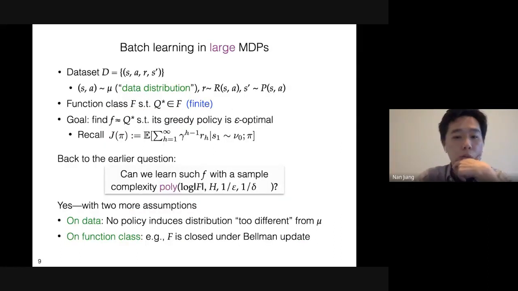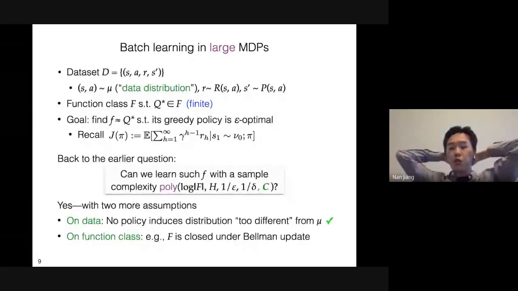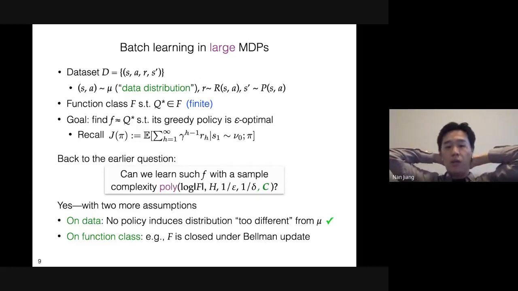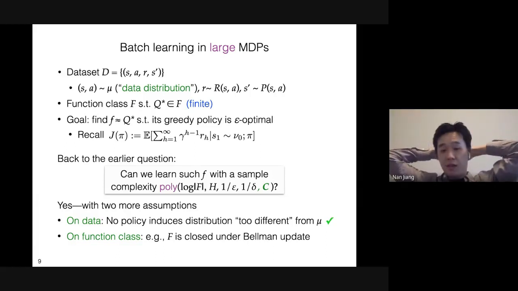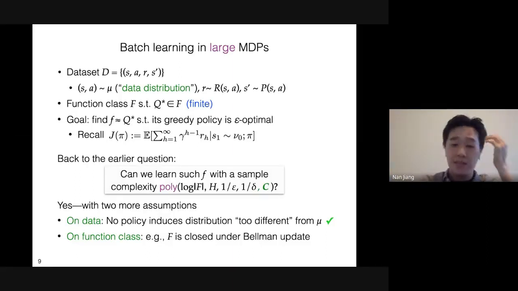Okay, so I think what we have covered so far is to show you that by proving a lower bound, we can really confirm and reassure ourselves that we need something like this concentrability coefficient assumption on the data distribution, which is an assumption about the data and about the MDP dynamics, and if we remove it, we will not be able to achieve polynomial sample complexity.